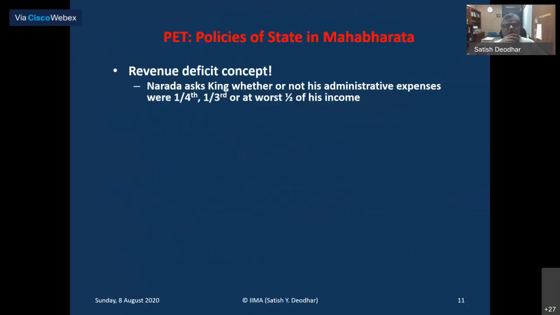Let me give you other policies of the state in Mahabharata. We know there is a concept of revenue deficit. A modern government should not be borrowing simply to maintain the government. Meaning, a government should not borrow to pay salaries of the babus, the employees.